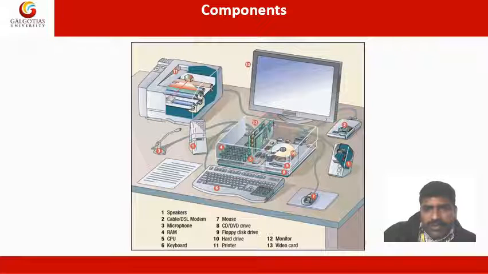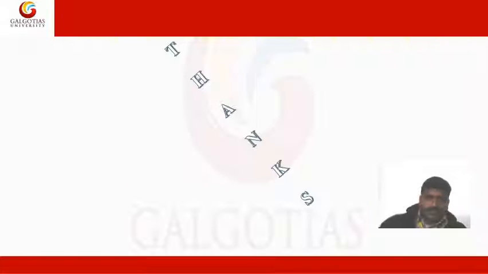And 12th one is the monitor. This is the monitor which is an output device. And 13th is the video card, that is the VGA card, video graphics adapter card, for giving the graphical output. Suppose this is a color monitor or color output. If we want to see it, then we have to use this VGA card. Thank you.